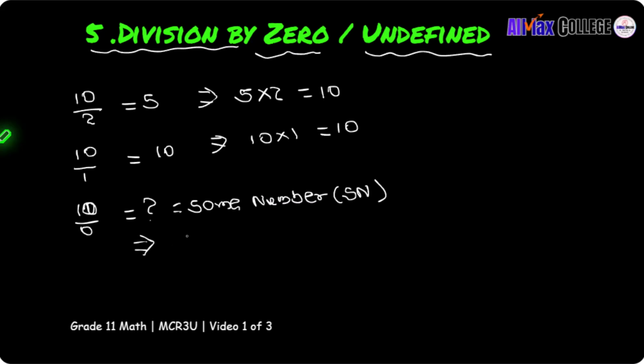This sn, some number, times 0 should equal 10. This some number times 0 is 10, should be 10, right?